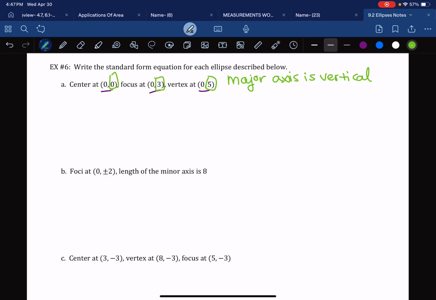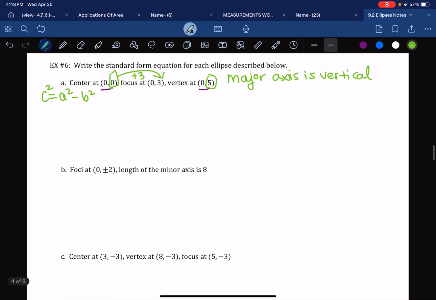So let's find C. C squared is A squared minus B squared. If you look, the focus is at 0, 3, which means that I added 3 to go up to my focus.